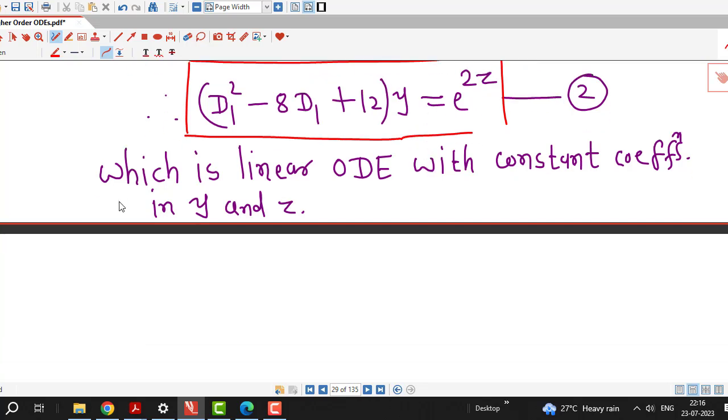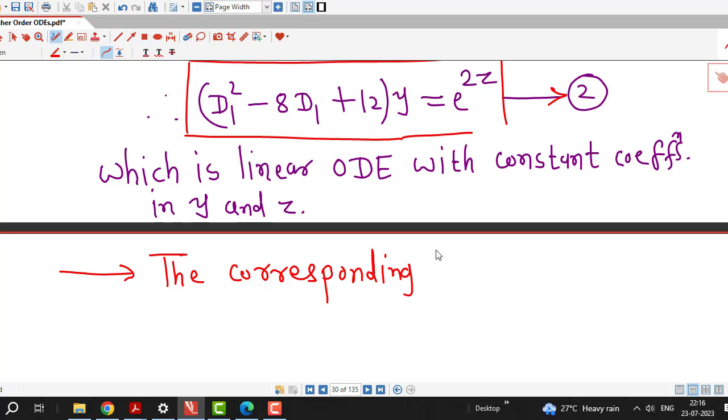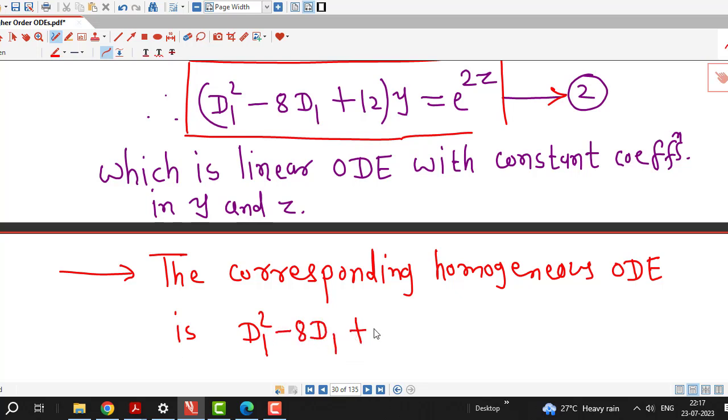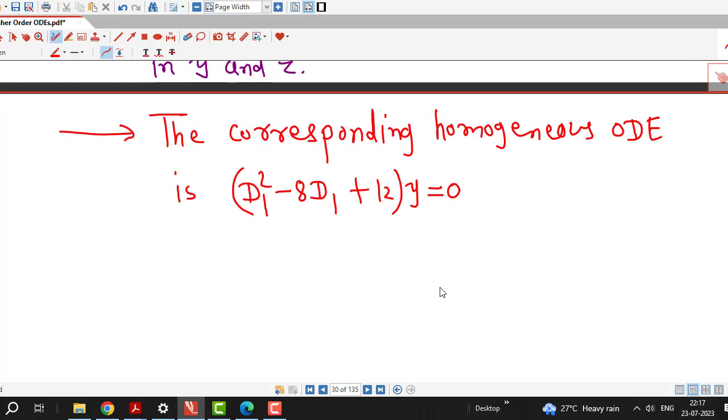Now once we have converted our equation into an equation with constant coefficients, we know how to solve this. The first step is to write down the homogeneous differential equation corresponding to equation number 2. The corresponding homogeneous ordinary differential equation is, we consider the right hand side equal to 0, D1 square minus 8 D1 plus 12 y equal to 0, and we have to solve this first.